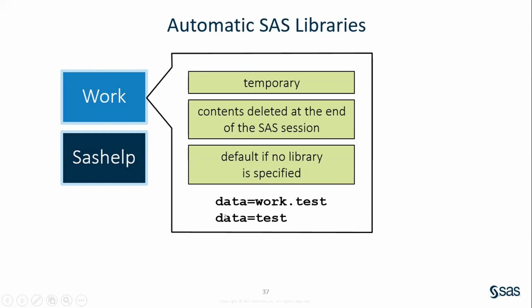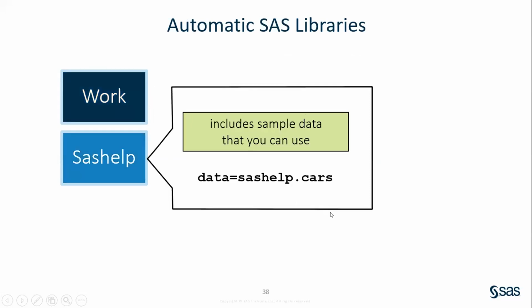So if you write a proc step like data=test, it is equivalent to work.test. Even if you don't write work, SAS understands it will look into the temporary library. The second is a permanent library called SASHELP. Within SASHELP, you have some data files, which you refer to as sashelp.cars.